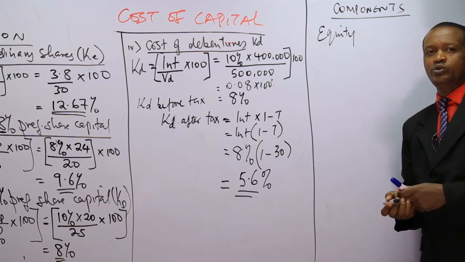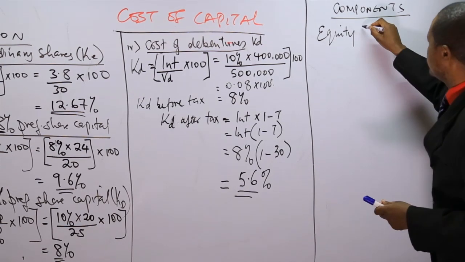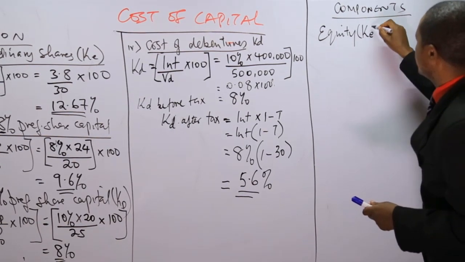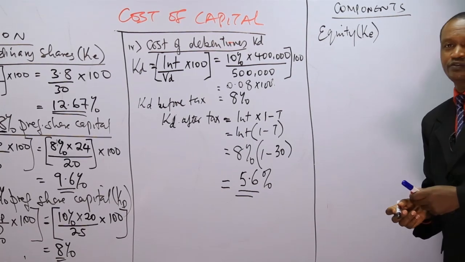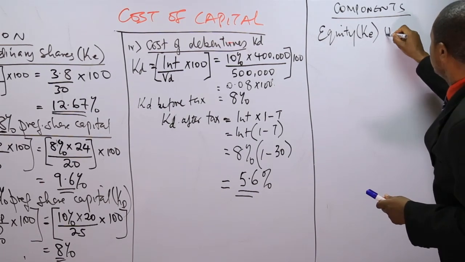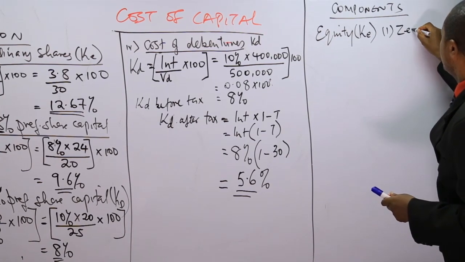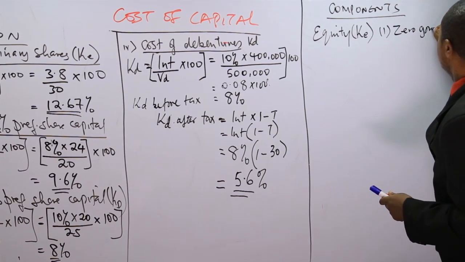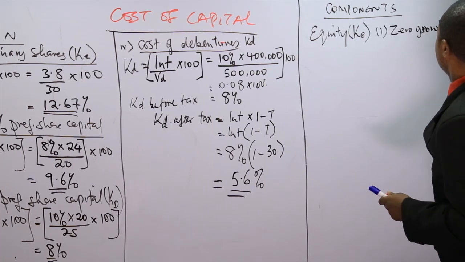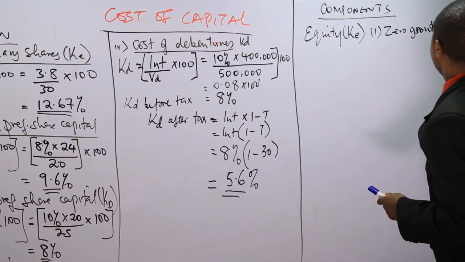When analyzing the cost of equity KE, we look at it from 2 perspectives. Number 1 is zero growth firms.